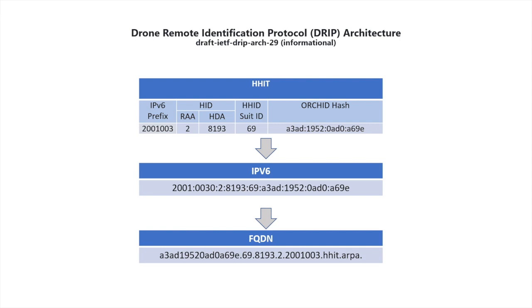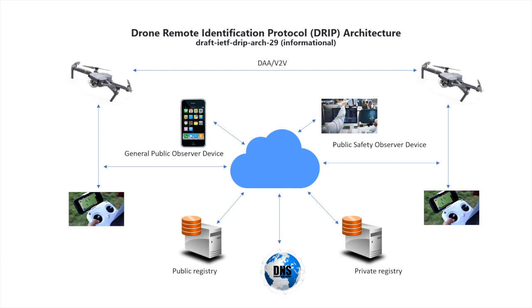So a hierarchical HIT has nothing to do with routing Internet packets in the IP layer, but can be used for routing in overlay layers. Presentation of a hierarchical HIT as an IP version 6 address also allows reusing powerful existing Internet protocols, such as host identity protocol, transport layer security, datagram transport layer security, and others.